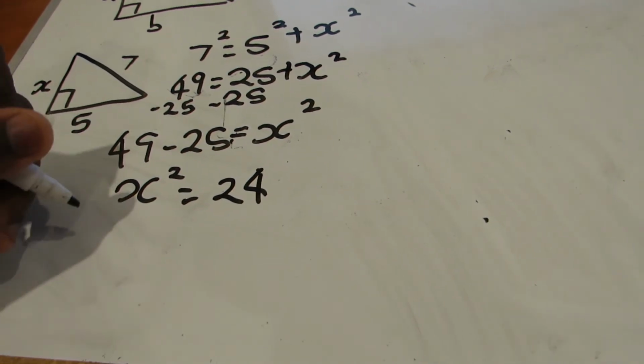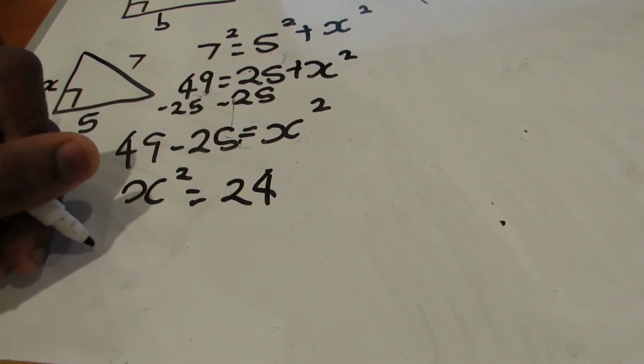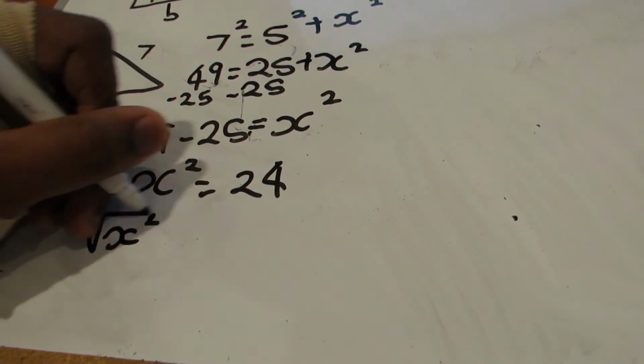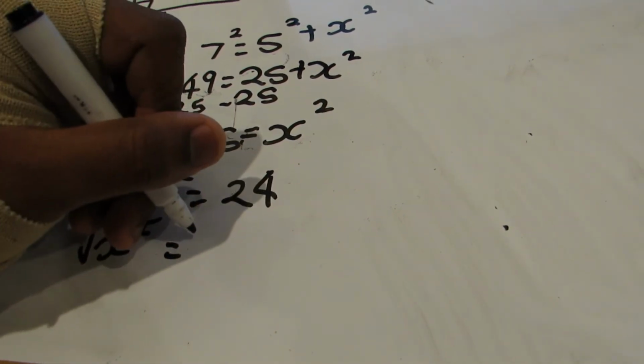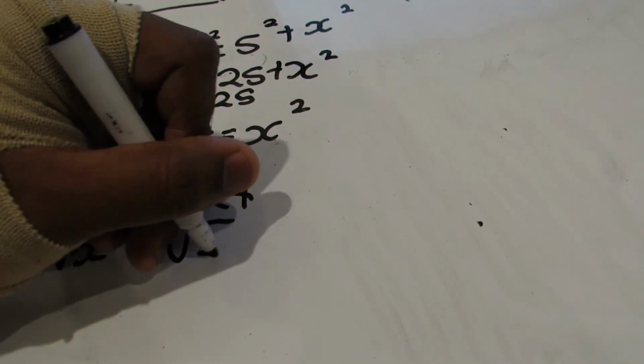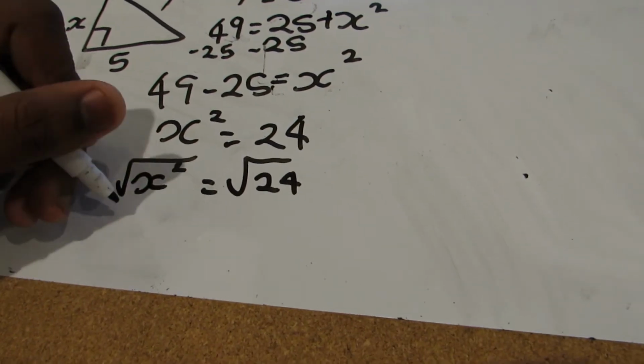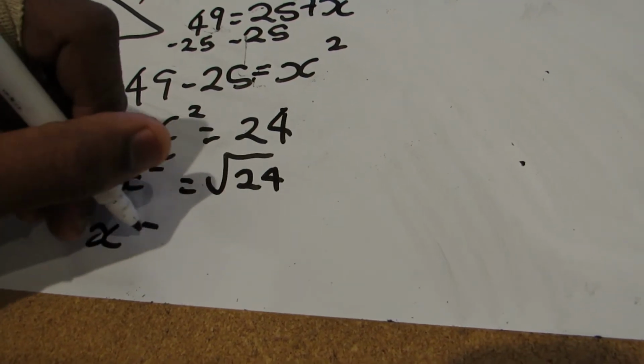Then you square root each side, so x equals the square root of 24.